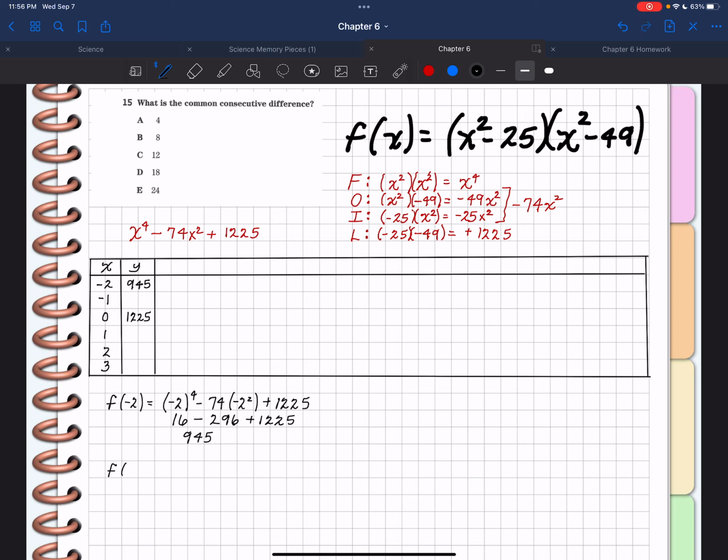When x is negative 1, we'll have negative 1 to the 4th power minus 74 times negative 1 squared plus 1225. So negative 1 to the 4th power is positive 1 minus 74 plus 1225.